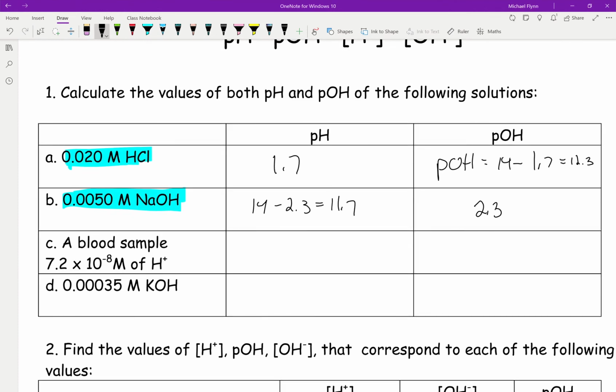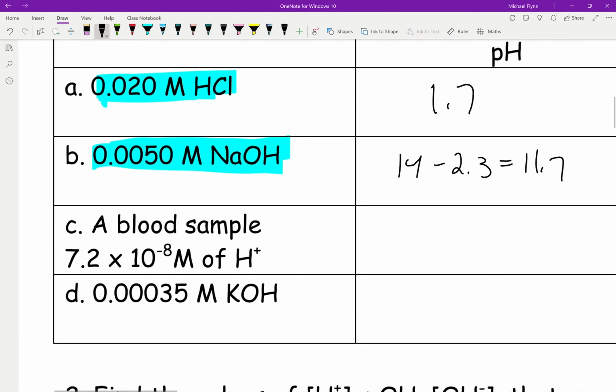Okay, so that's it. Now, if it tells you the concentration is 7.2 times 10 to the negative 8, you have to use your calculator. First, I put in 7.2 EXP negative 8, then I press log, and I get negative 7.14, but I make it positive, so this is 7.14. And all you're doing is pressing the log button on your calculator.